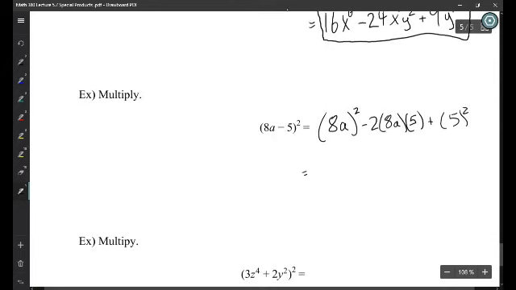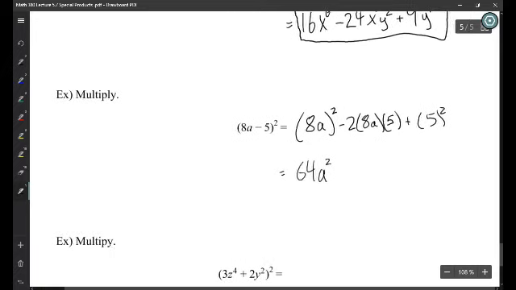So we square this and get 64a squared. We multiply here and get 16, and then 16 times 5 is 80. So negative 80a plus 5 squared, 25.